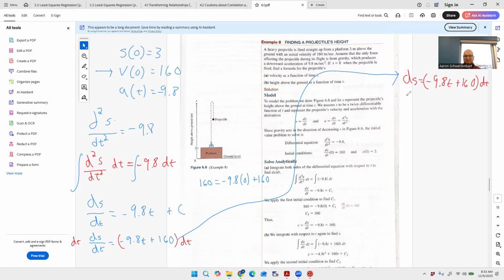Okay. I integrate both sides. ds turns into s. Negative 9.8 becomes t squared over 2, so I divide that by 2. Plus 160t plus C.